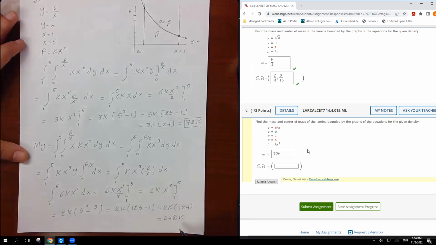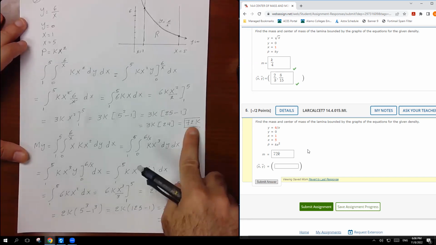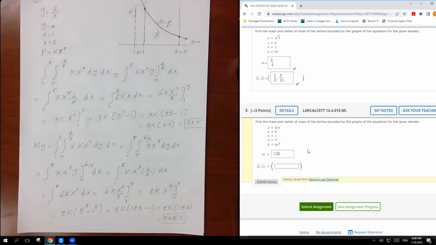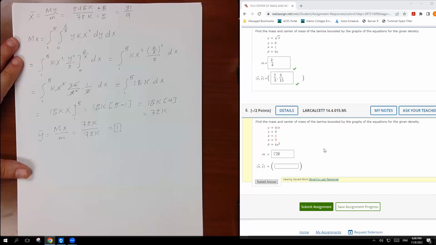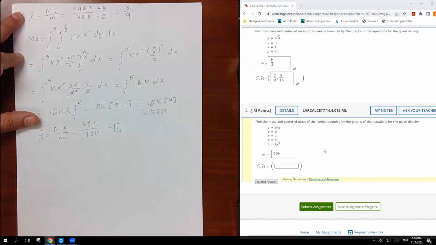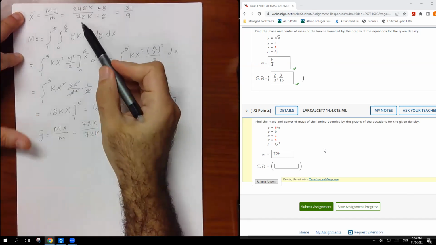Now to find x bar, we divide m sub y by m. That's 248k divided by 72k. So x bar is m sub y divided by m, which is 248 divided by 72.